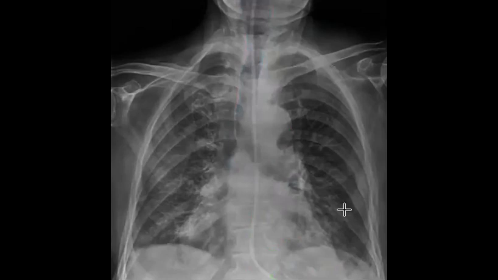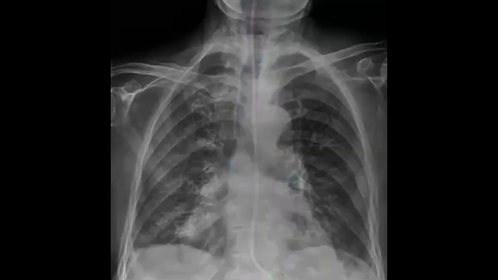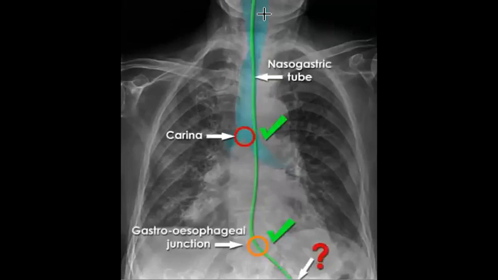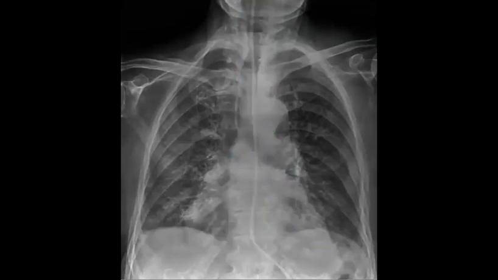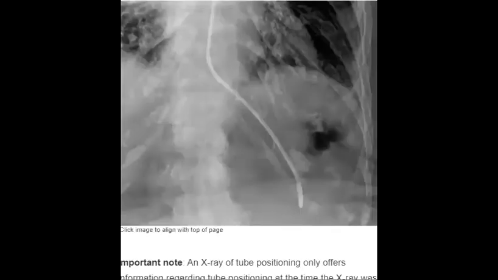But what is missing here is that you don't see the tip, right? So when you comment on it, don't say that it is in good position, because you cannot trace it. You should mention this, especially in oral exams, if the examiner asks whether it is good or not. Don't say it is well, because maybe it is not well.